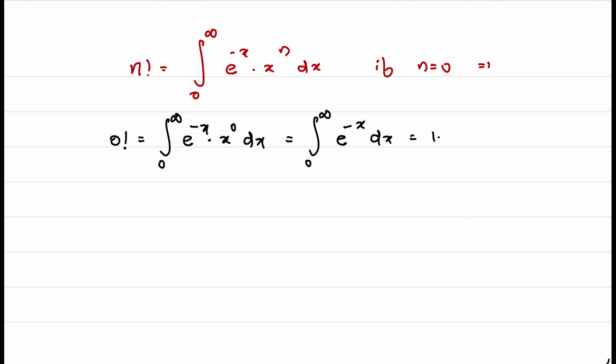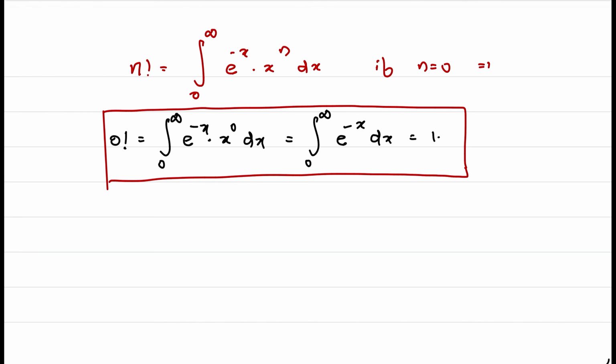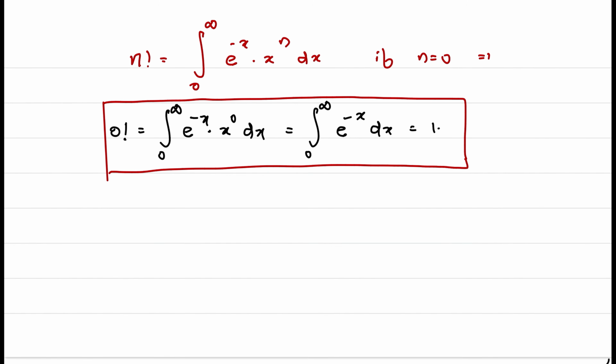Because of this reason, factorial 0 is equal to 1.